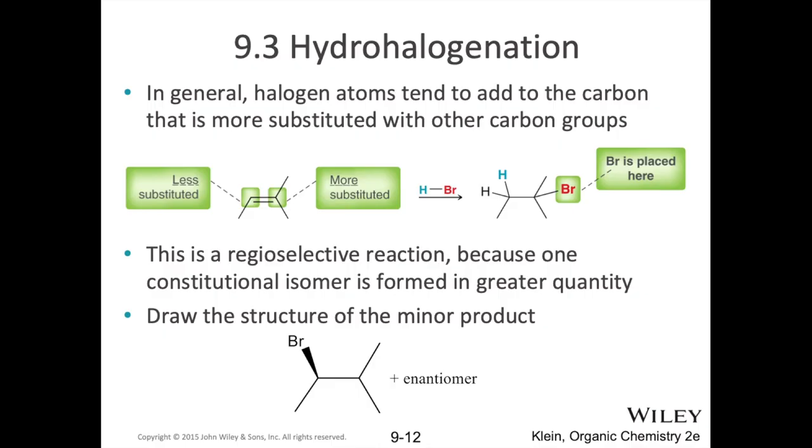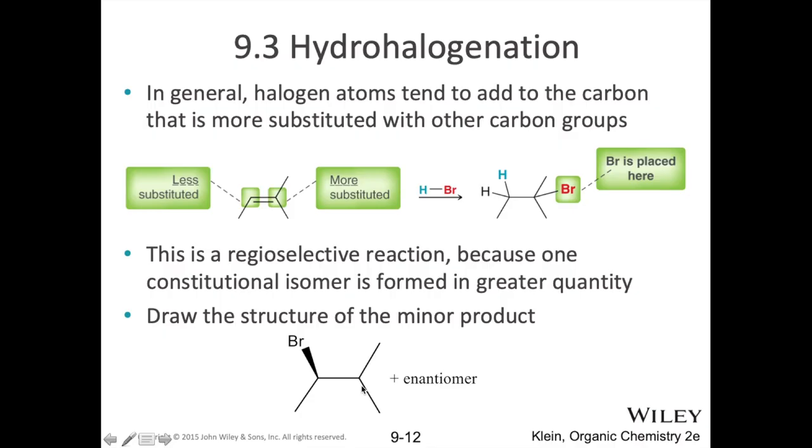Okay, a quick note here. It is possible to get the anti-Markovnikov product, so to speak, where here we can see the bromine added onto the less substituted carbon. Of course, in order to get this in a larger quantity, we're going to have to change our reaction conditions quite a bit.